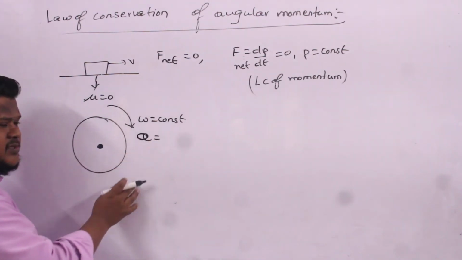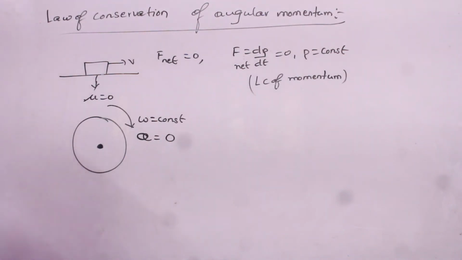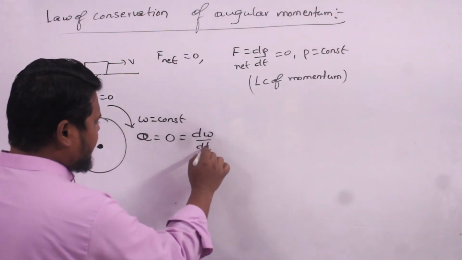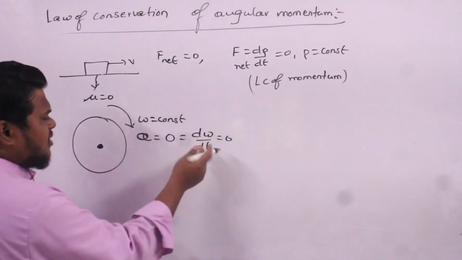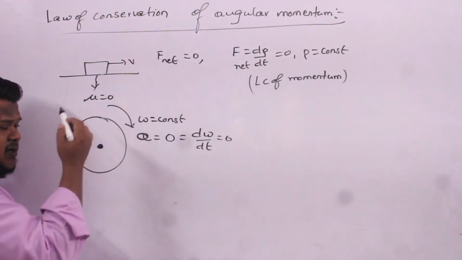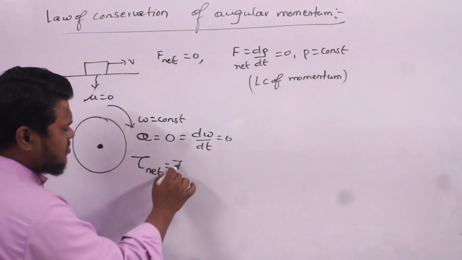Angular acceleration is zero. There is no angular acceleration. So you can write alpha is equal to d omega by dt, which is zero. It means omega is constant. If alpha is zero, can I say the net torque acting on the system is also zero?